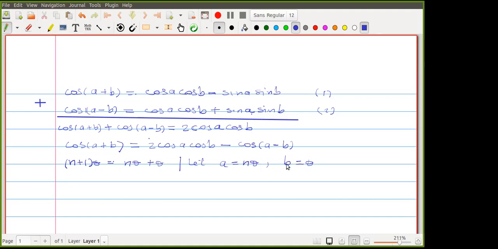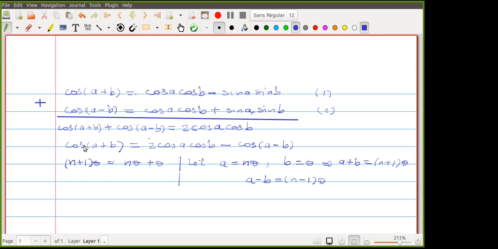So if we do this, A plus B is nothing else than n plus 1 times theta and A minus B will be equal to n minus 1 times theta.